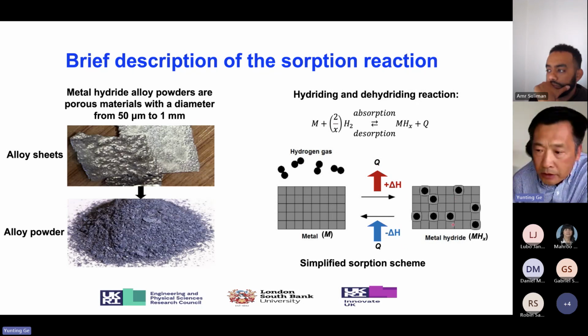If you heat up this metal hydrate, the hydrogen will be released. This is the hydrating or dehydrating reaction process.